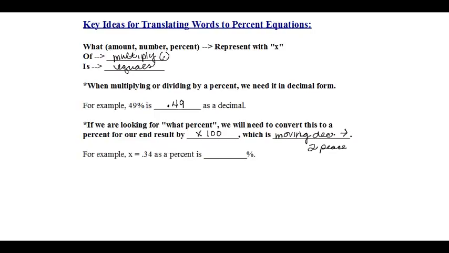That's what happens essentially when we multiply by 100. For example, if we have x is equal to 0.34, and that's an end result, but it's asking us what percent, then as a percent, 0.34 would be 34%. Okay, so let's go on to some examples.